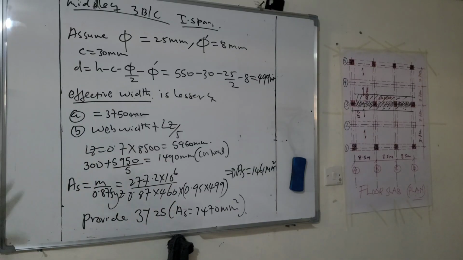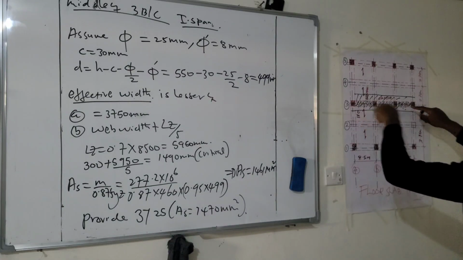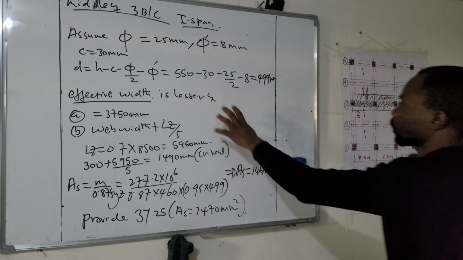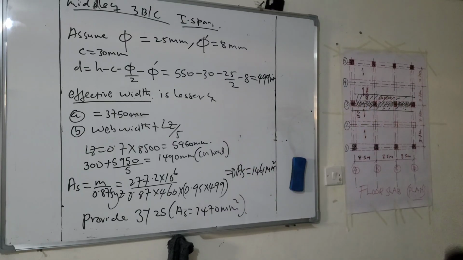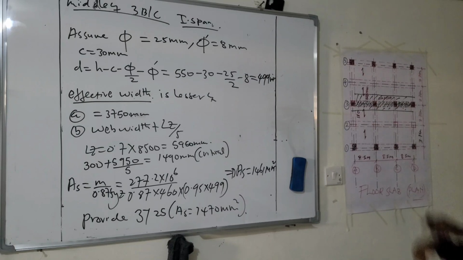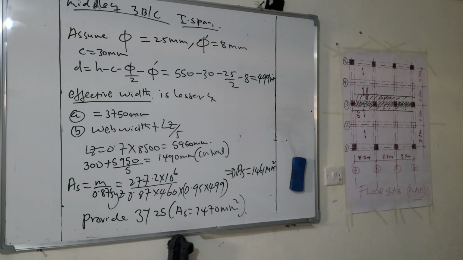So the way we have done this is the same way we did the first end span. So procedure is the same because they have positive moment. But for this middle support, it is different because of the hogging part of it.